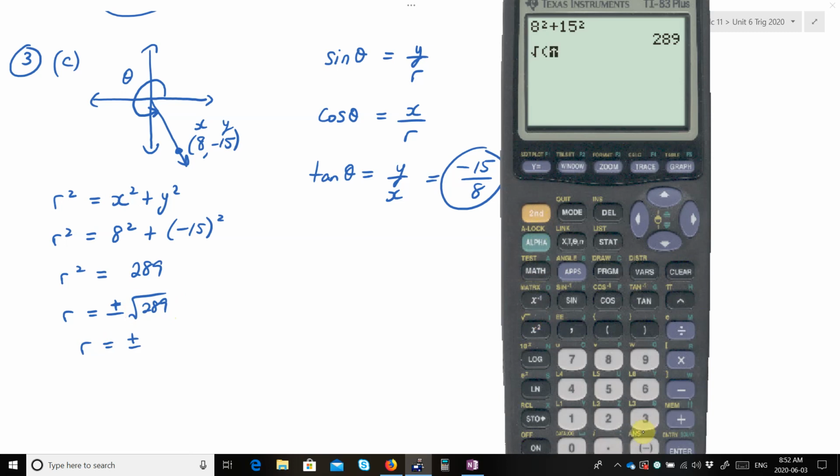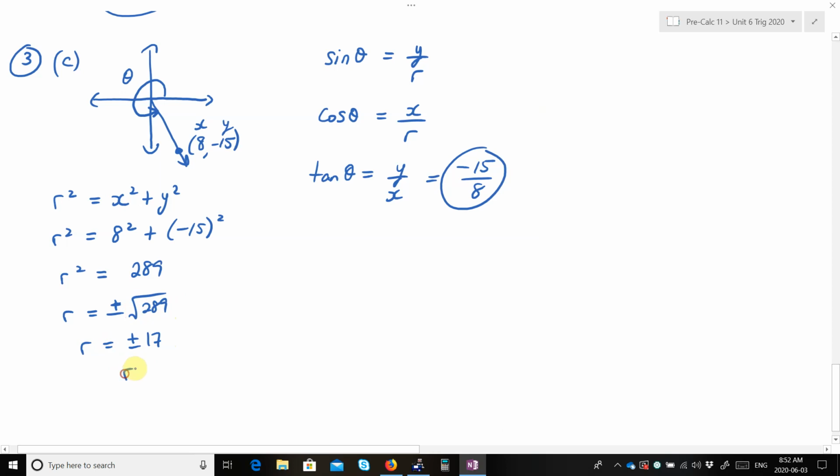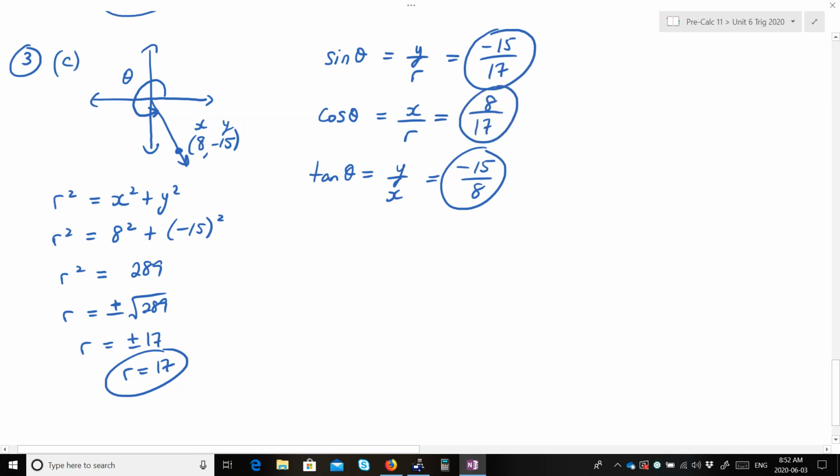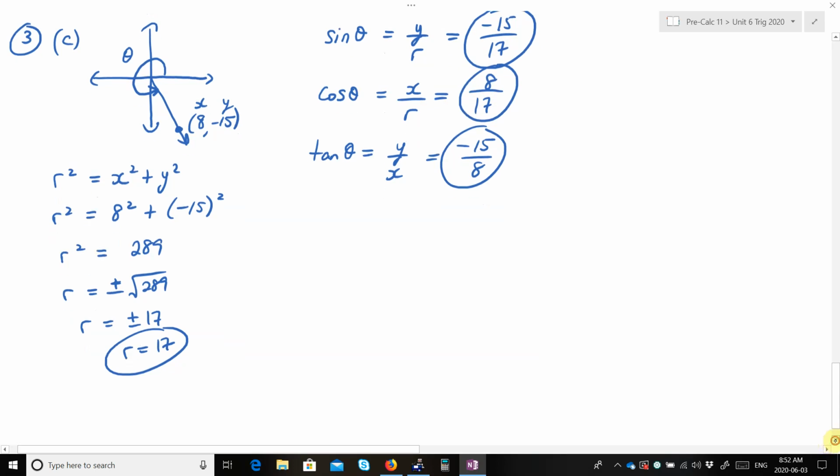If I do the square root of that, yes, plus or minus 17. R is a radius, so 17. Y over r, we would get -15 over 17. And x over r is 8 over 17. And that is 3C. Perfect. Let's get on to 3D.